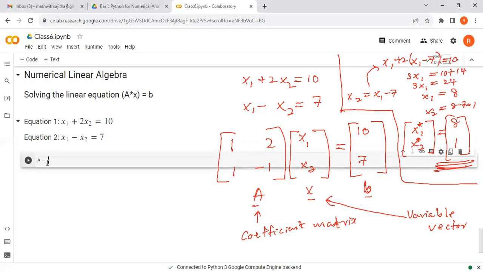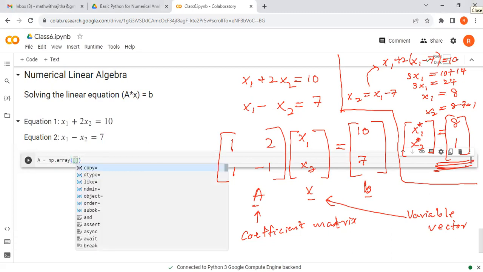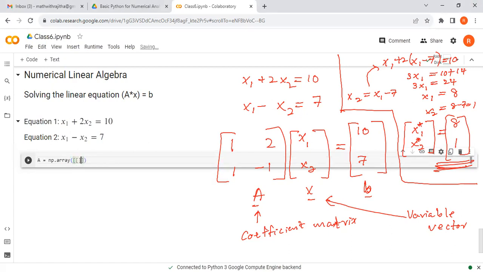First we define the coefficient matrix for this system: np.array, 1, 2, 1, minus 1. That's fine. This is the coefficient matrix.